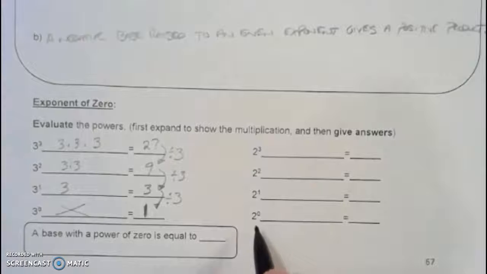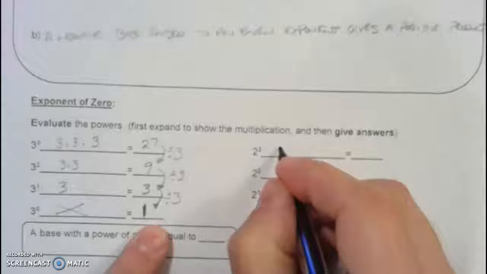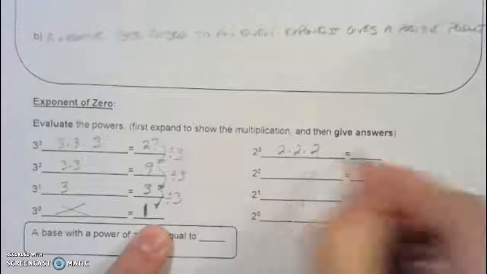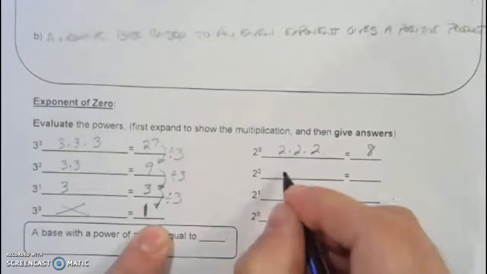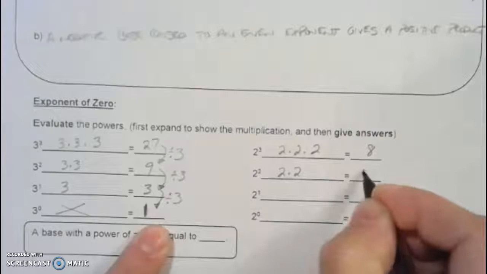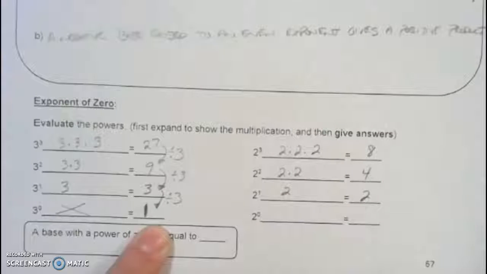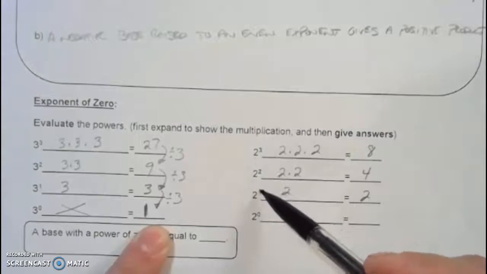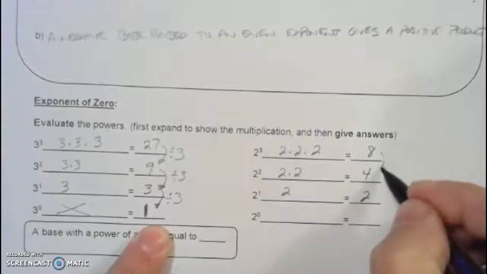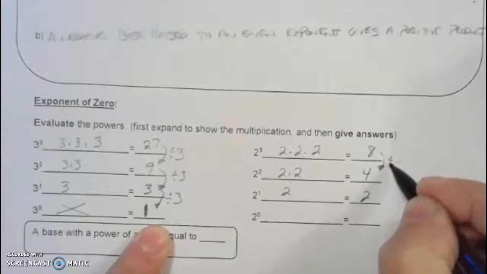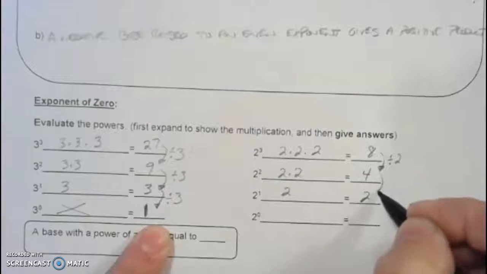What about if the base was a 2? 2 cubed means 2 times 2 times 2, which is 8. 2 squared is 2 times 2, which is 4. 2 to the 1st is just 2. Notice this time, when I decrease my exponent by 1, my previous answer simply gets divided by 2 to give the new answer.